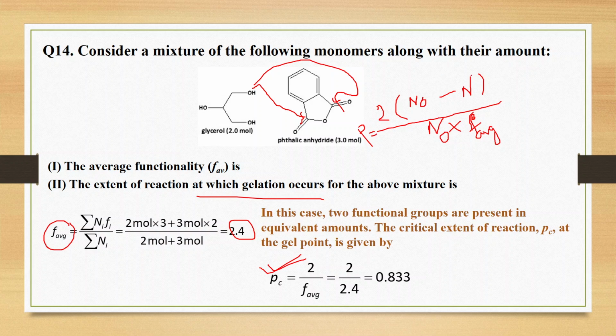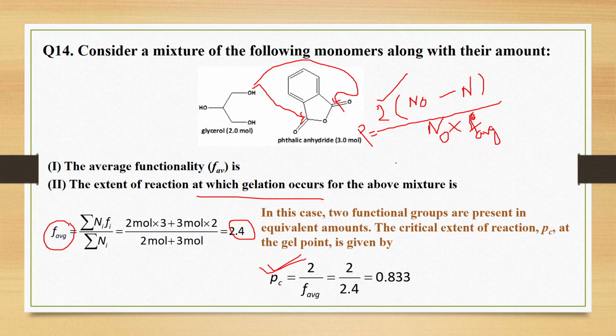That is, n0 minus n moles are reacting, and in each case 2 functional groups are reacting. That's why we have multiplied it by 2. And initially the average functionality was f average and there were n0 molecules. So overall it will be n0 into f average that was available for reaction. So this was our conversion.